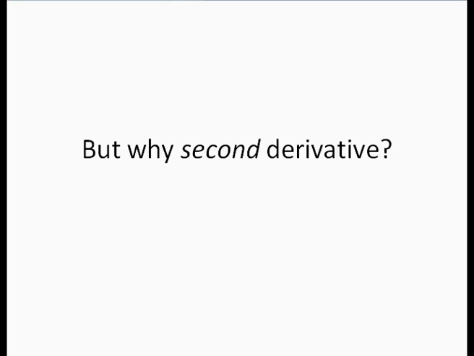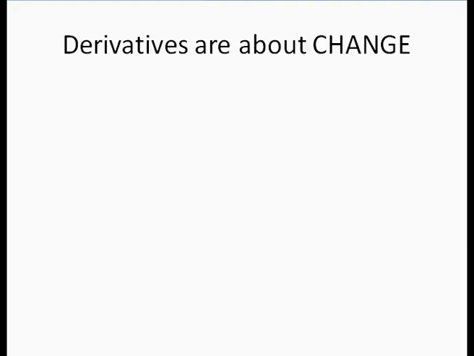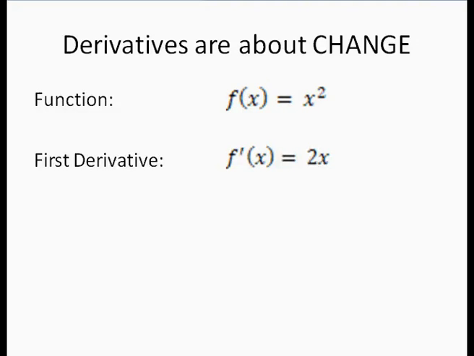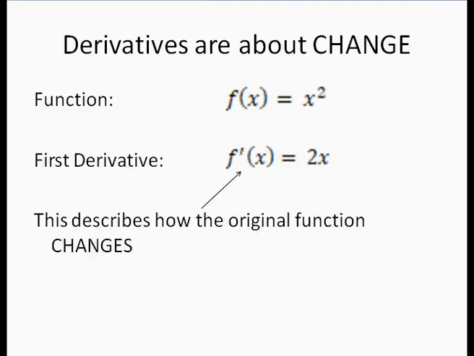But you're probably wondering, what is the relevance to the second derivative? Now, to understand why it's relevant to the second derivative, we have to understand that derivatives are all about change. For example, if we had a function here, and we found its first derivative, then this first derivative actually describes how the original function changes.